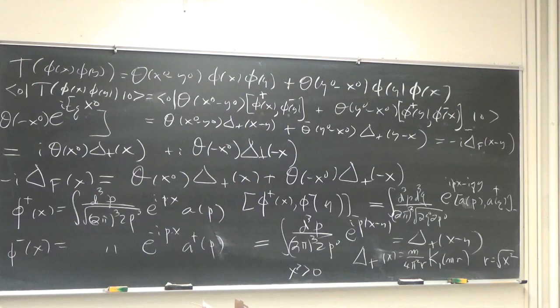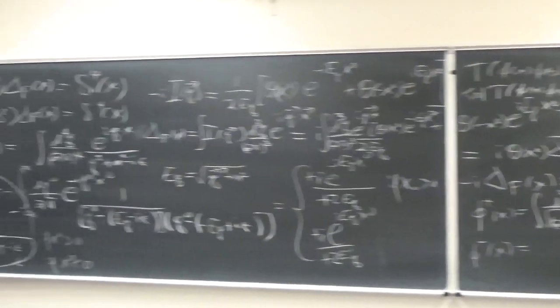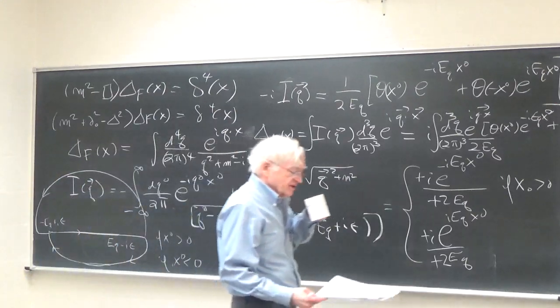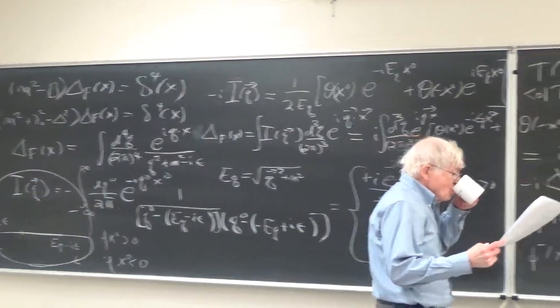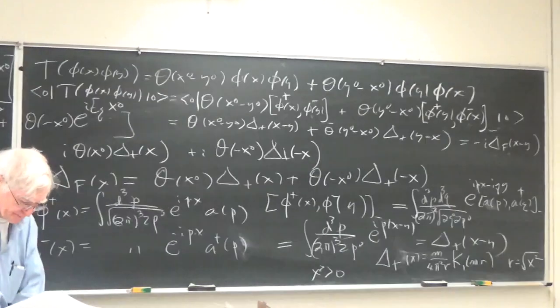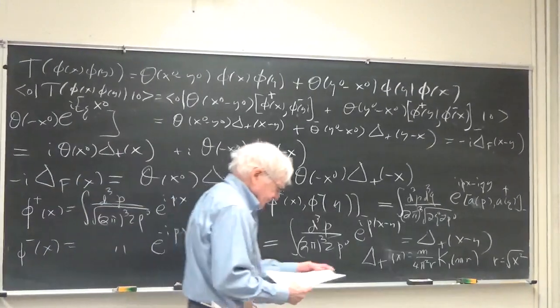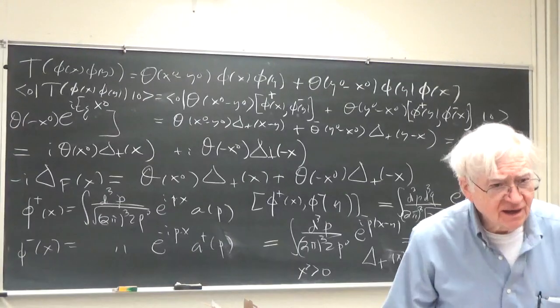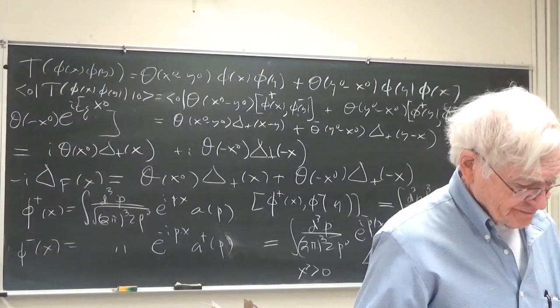It gives you a Green's function for this operator, and this of course is the Klein-Gordon operator for a free field of mass M. So why don't they call it the Klein-Gordon propagator?